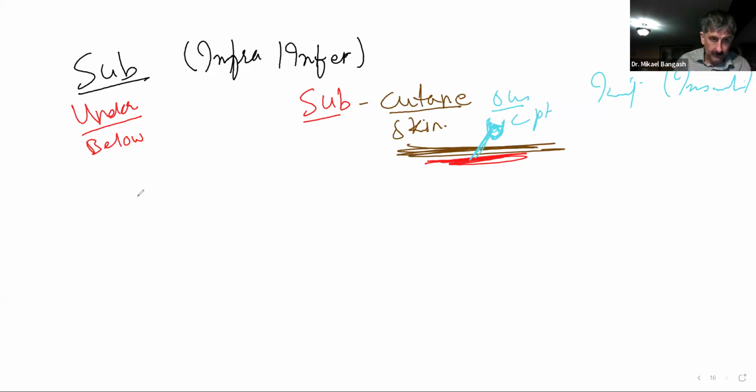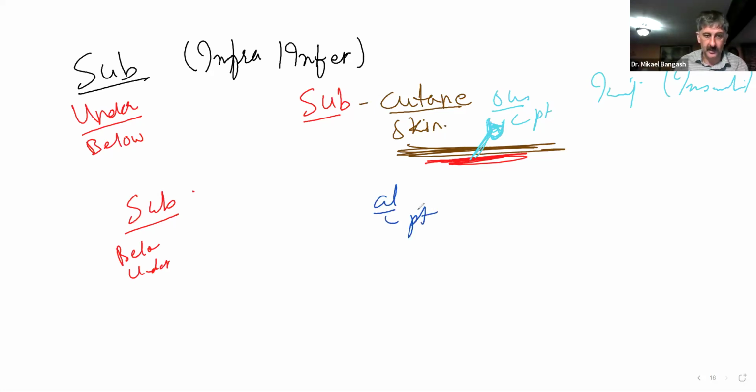And we can say sub, which will be below or under. It's going to end with L, where L just becomes pertaining to, but pertaining to what your root word is, which will be, the root word was lingua.